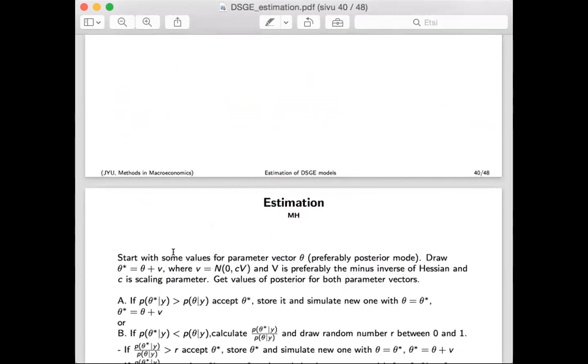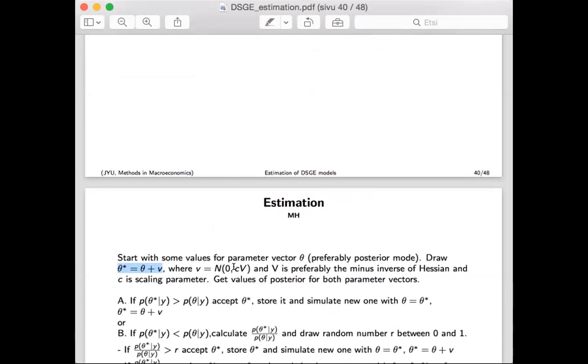So we start from the posterior mode, and we draw parameters according to this equation, where we draw the parameters from a normal distribution using this V matrix, which is the minus inverse of the Hessian.